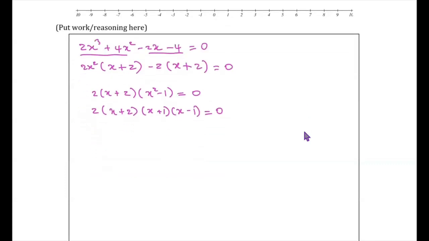So we will have 3 solutions: x plus 2 equals 0, or x plus 1 equals 0, or x minus 1 equals 0.